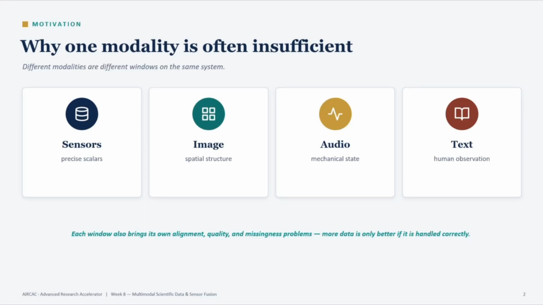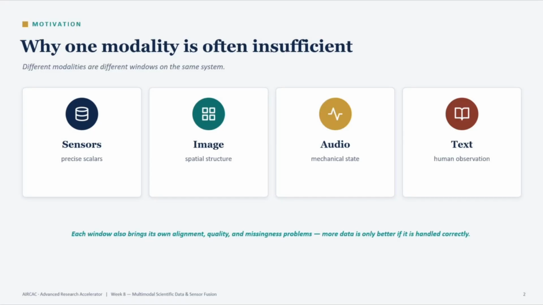An image may give us spatial information. An audio signal may tell us something about a fan, ventilation, and mechanical conditions. And the maintenance notes may provide human information that none of the sensors recorded. So these different modalities work as windows into the same system.